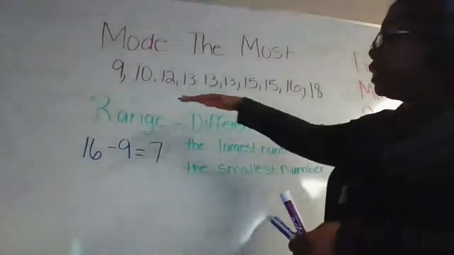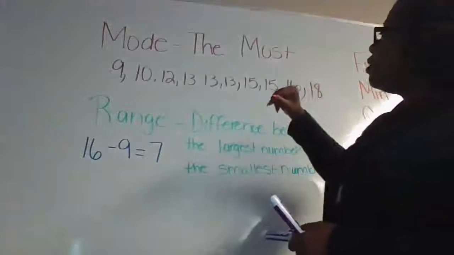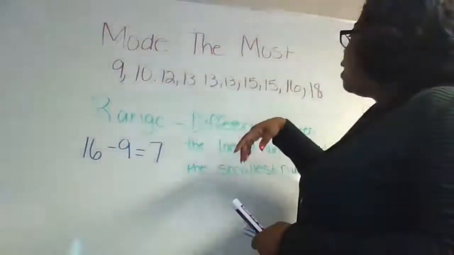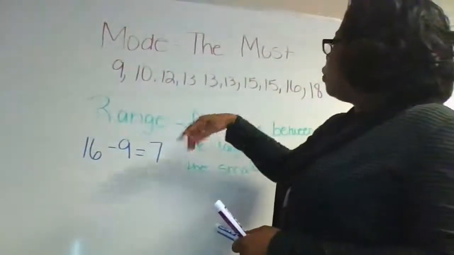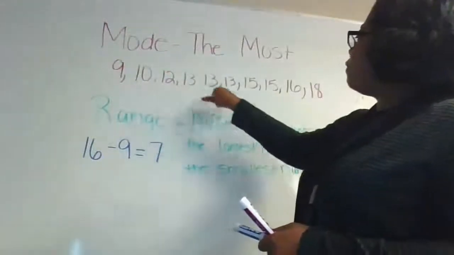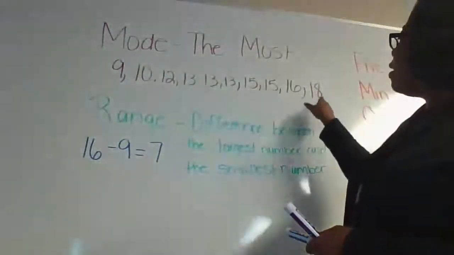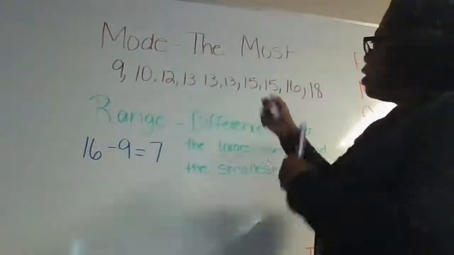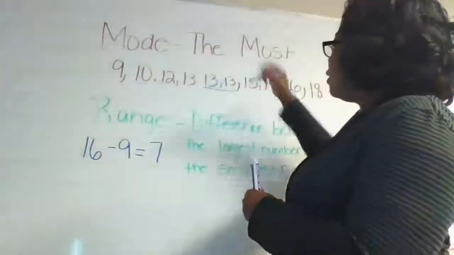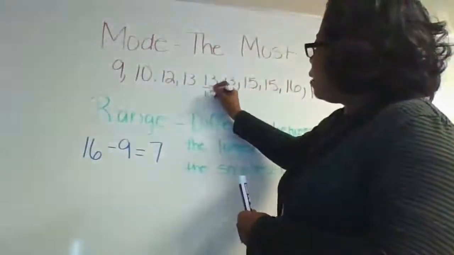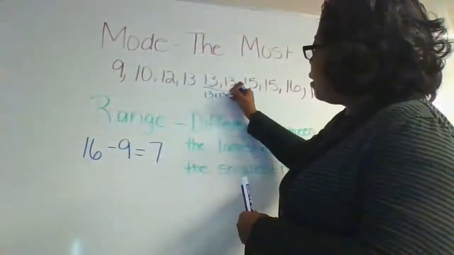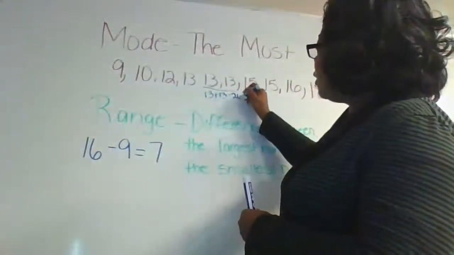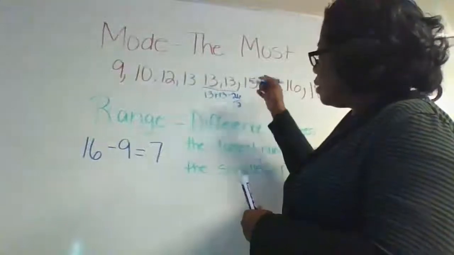Since this is an even amount of numbers, we are going to take the two numbers in the middle. So let's see, 1, 2, 3, 4, 5, and 1, 2, 3, 4, 5. So the two numbers in the middle are 13 and 13. We add 13 and 13 together, which gives us 26. Divide by 2, and that is 13.